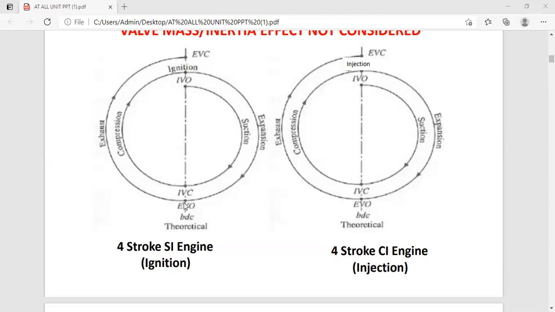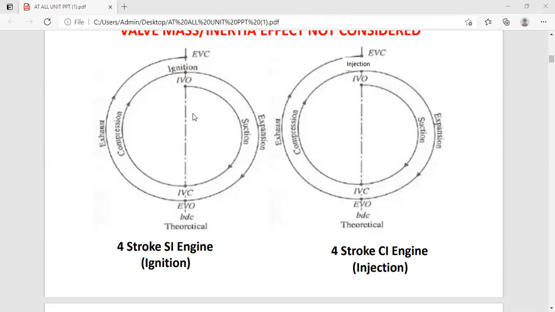The exhaust valve opens a few degrees before BDC and it closes a few degrees after TDC over there. So the exhaust valve remains open even after the inlet valve is open. This period is valve overlap, which helps drive out the exhaust gas efficiently.